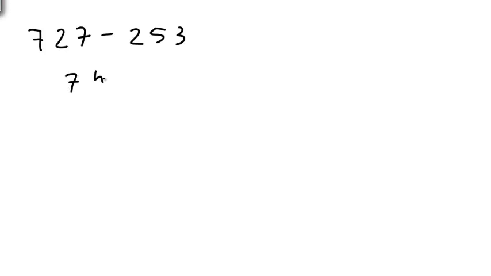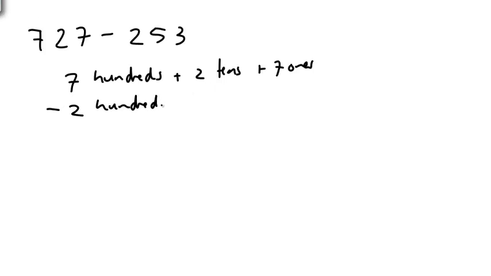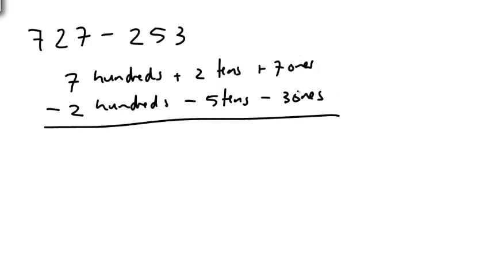We have 700s and 2 tens and 7 ones, and from that we're trying to subtract 200s, and we're subtracting 5 tens, and we're subtracting 3 ones. 7 ones minus 3 ones, that's easy. It's 4 ones. 2 tens minus 5 tens, well, that would be negative 3 tens, but there's no digit to represent negative 3. So what do we do?